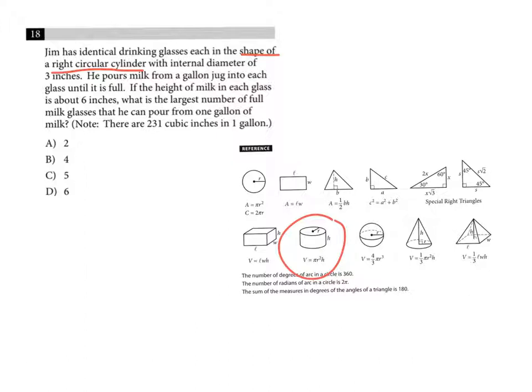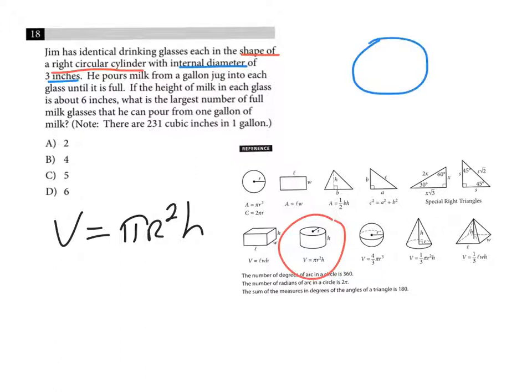Well, here I know the volume is going to be equal to pi r squared h. So the question says the internal diameter is going to be equal to 3. So in terms of my circle, or the top, the diameter is going to be 3, but I need the radius. So the radius is going to be half of 3, so r is going to be equal to 1.5.